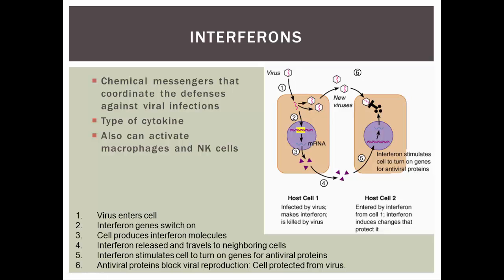He's done, okay? So in response to this, what this cell is going to do is send a warning sign to its neighbor. It's going to release interferon. Here's interferon down here. So interferon will be released by that cell, and it's basically a warning call to adjacent body cells saying, hey, I'm infected with a virus.